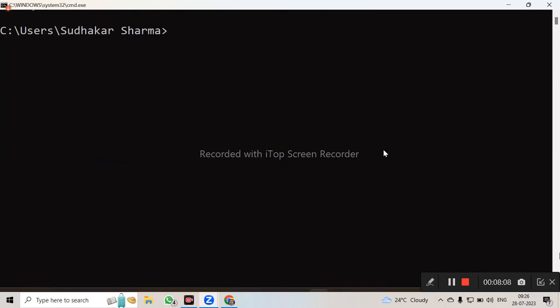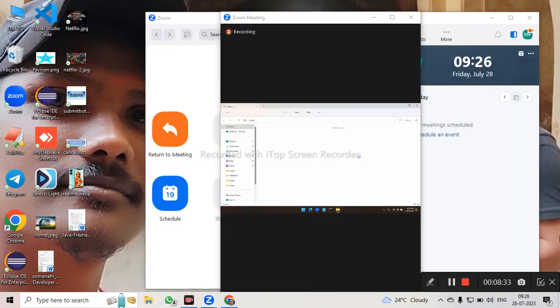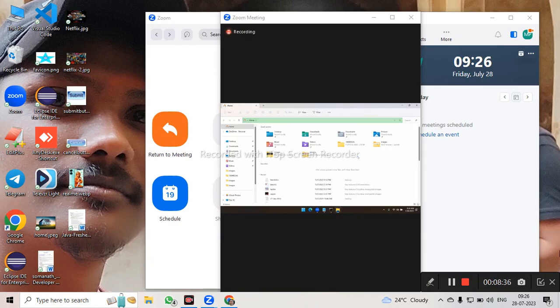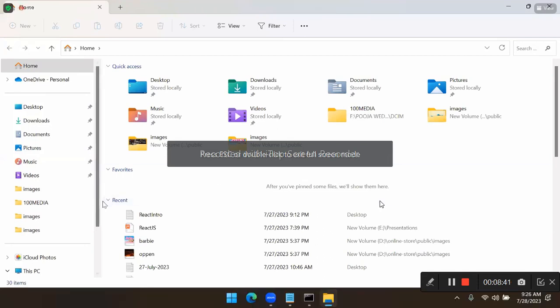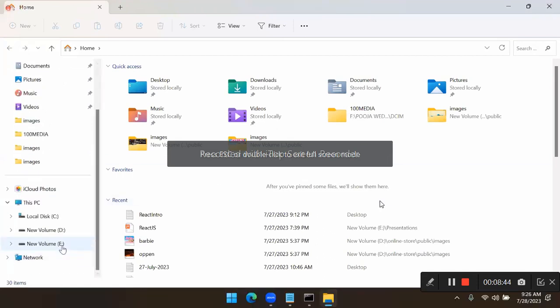Generally dir shows all files, but I need to filter only the files which start with the S character. How do we write that? For example, suppose you have your PC. This is your file explorer. In this, I will go to some E drive or D drive.